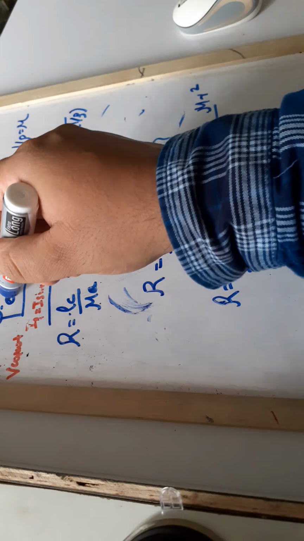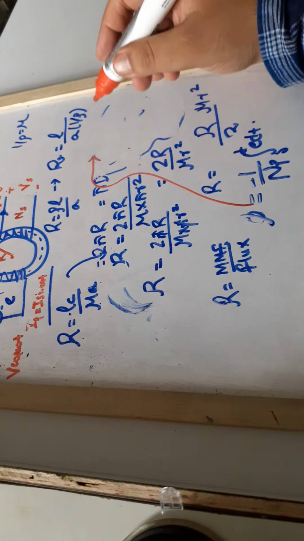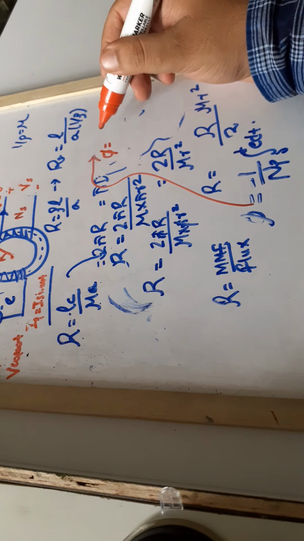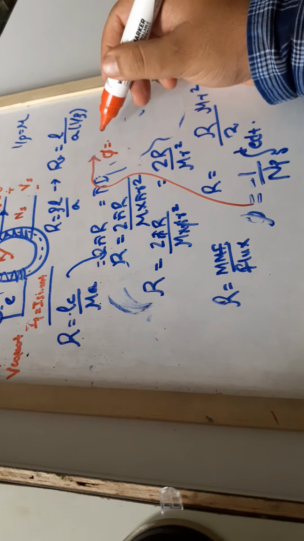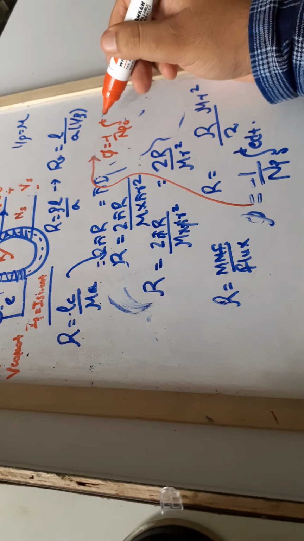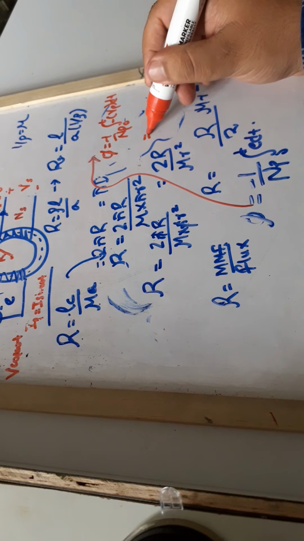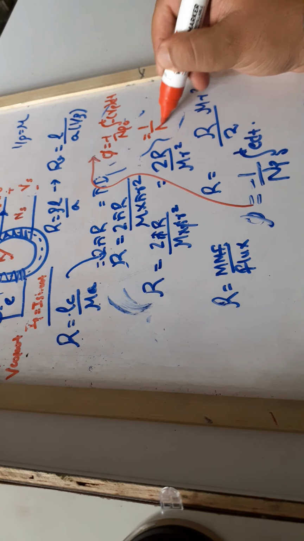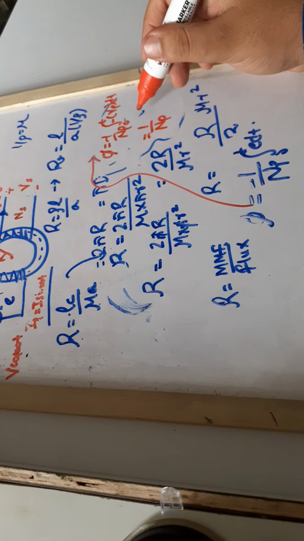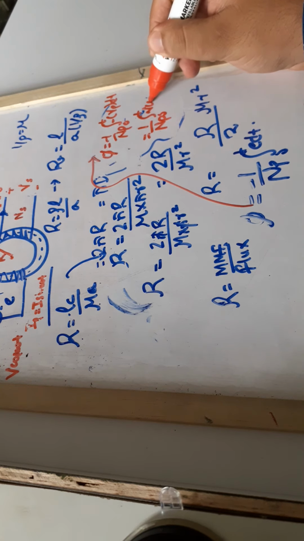Here the direction happens to give a minus. Instead of e we write minus Vp, so this minus will go, and we are left with 1 by Np, and instead of Vp we can write Vp is equal to V cos omega t, integral 0 to t of V cos omega t.